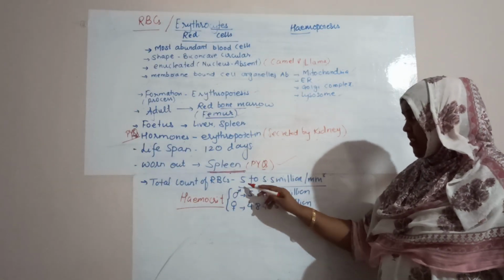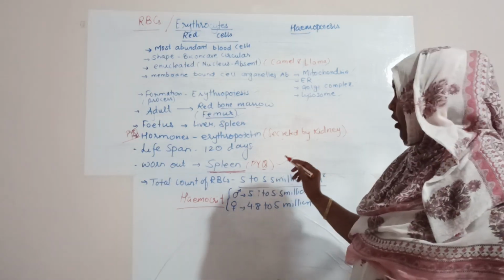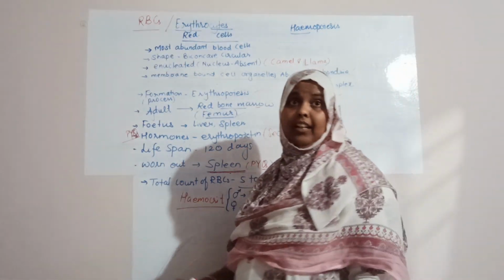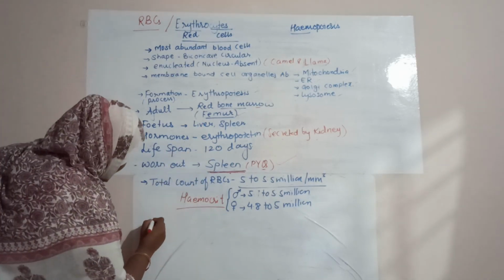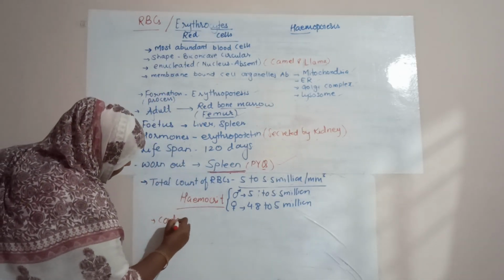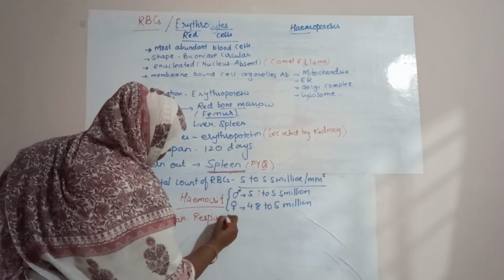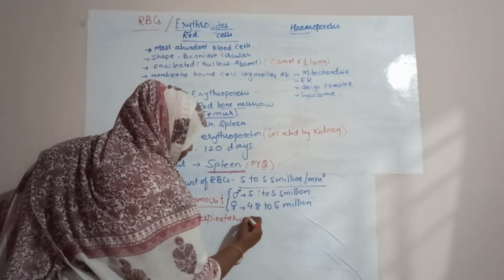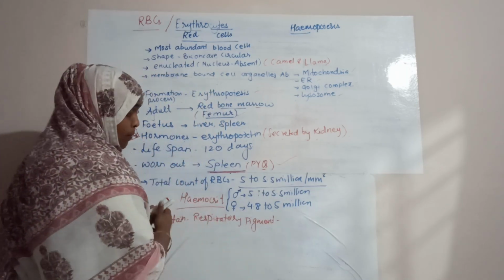Total count of RBC is 5 to 5.5 million, but the volume of RBC is higher in a male than in a female. Next point: RBC contains a respiratory pigment. What is the name of the respiratory pigment?